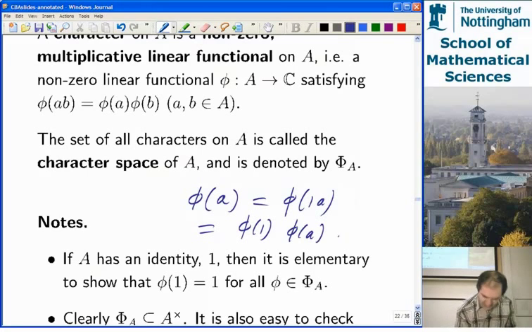So whatever phi of a is, and these are complex numbers, remember, phi of 1 times phi of a is still phi of a. Now if phi of a is 0, that tells you nothing. But if phi of a isn't 0, then phi of 1 has to be 1. So as long as it's a non-zero multiplicative linear functional, it's got no choice. It must be that phi of 1 is 1.